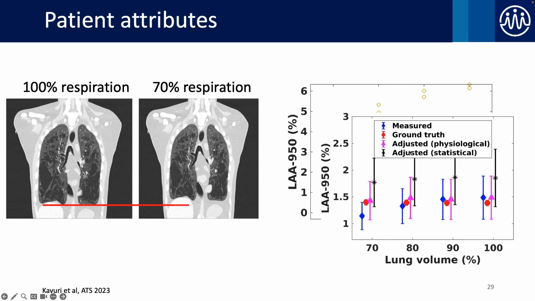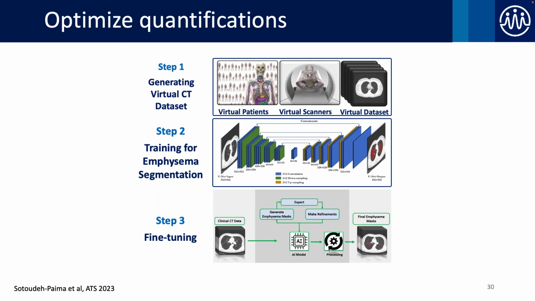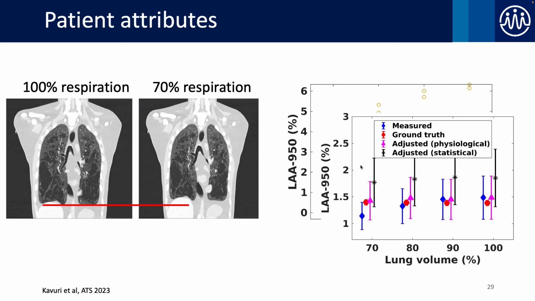So there are ways of correcting for this. These two other colors are methods that you adjust for this. There are statistical methods, there are physiological methods. But then we can evaluate them because we have access to the ground truth. So in this example, we can see that the physiological model was doing a better job to adjust for this.